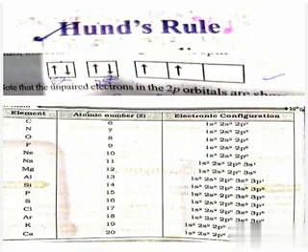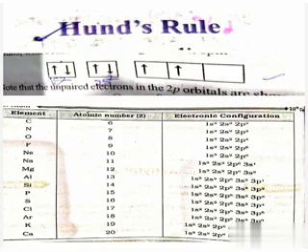Sodium, atomic number 11: 1s2, 2s2, 2p6, 3s1. Magnesium, atomic number 12: 1s2, 2s2, 2p6, 3s2.